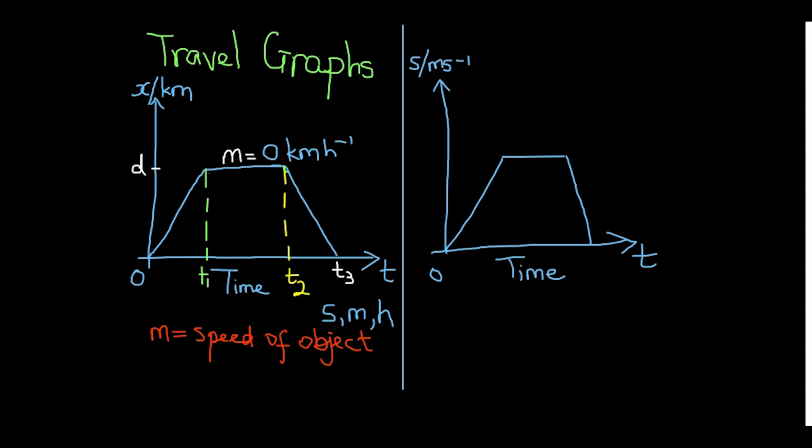Okay? And the final part shows us a decreasing gradient. Alright? In a distance time graph, as well as a speed time graph, that will be interpreted differently. In a distance time graph, this decreasing gradient is actually representing a change in direction. You're moving in a different direction.